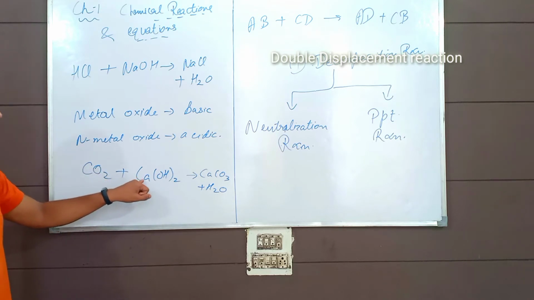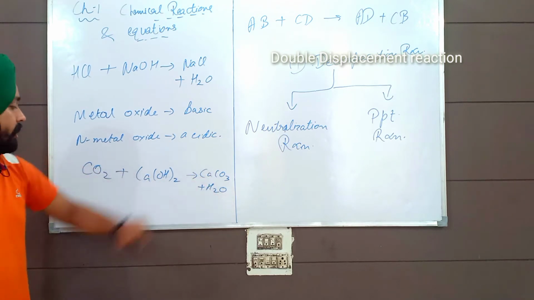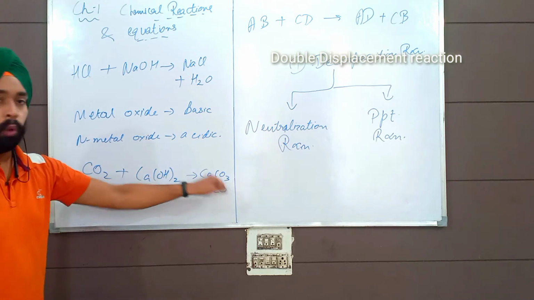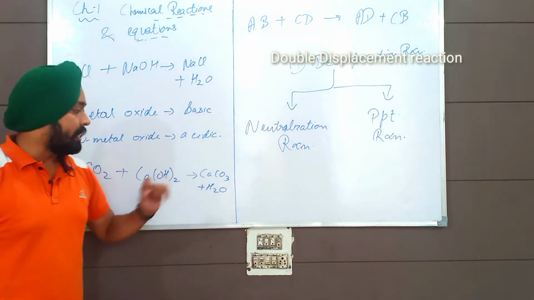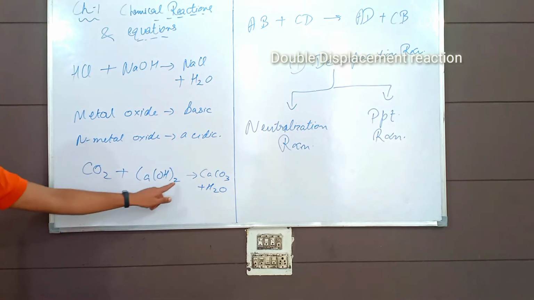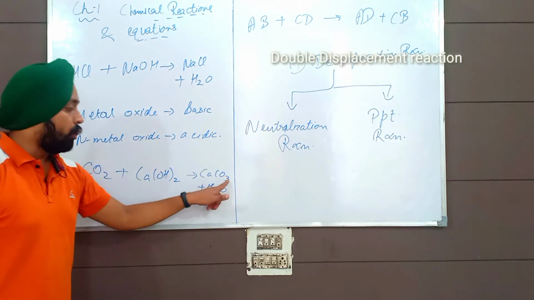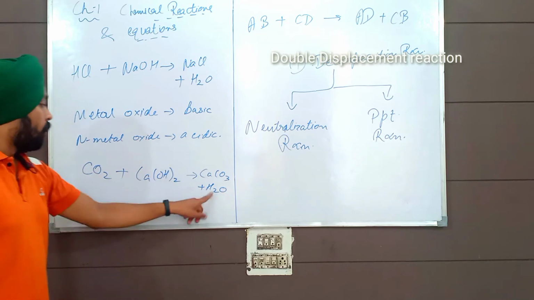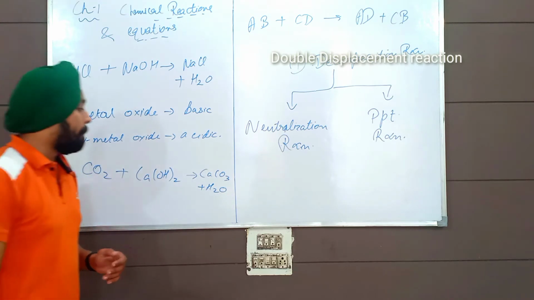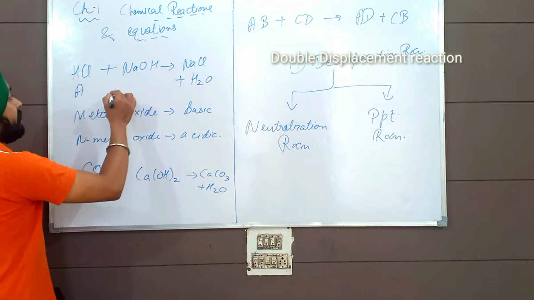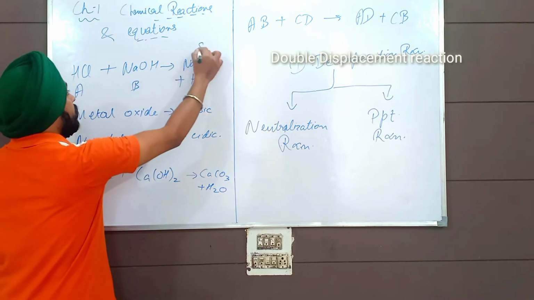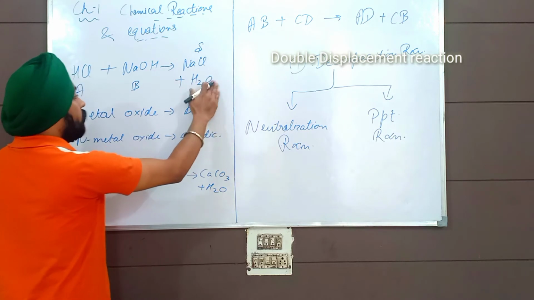This is a balanced equation. You can check that there is one calcium, one carbon, and in totality 4 oxygens: 2 oxygen here and 2 oxygen here, 3 plus 1, 4 oxygens, and 2 hydrogen. This is acid, this is base, this is salt, and this is water.